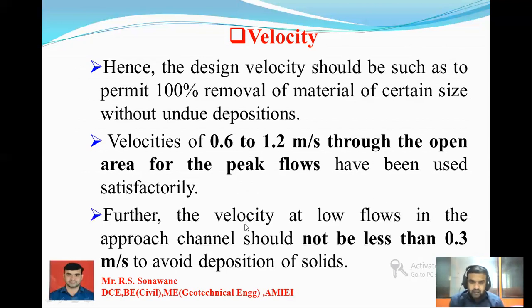But further, the velocity of a low flow in the approach channel should not be less than 0.3 meters per second, to avoid the deposition of solids. In the screen chamber there are chances of deposition of solids at low flow and low velocity, so at the time of low flow the velocity should be 0.3 meters per second.